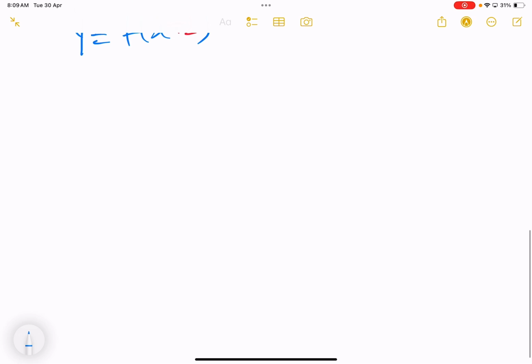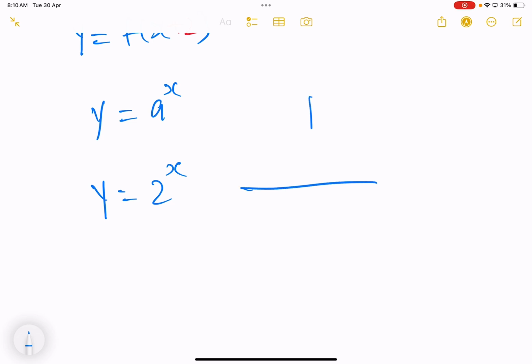When we study the exponential graph, we have it in the function y = a^x. And let me give you some concrete examples. y = 2^x. So we know that y = 2^x, y is here, x is here, is going to be an exponential function that looks like this. Correct? So this is the shape of the exponential function.